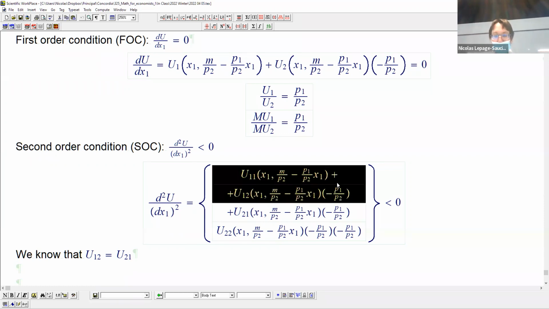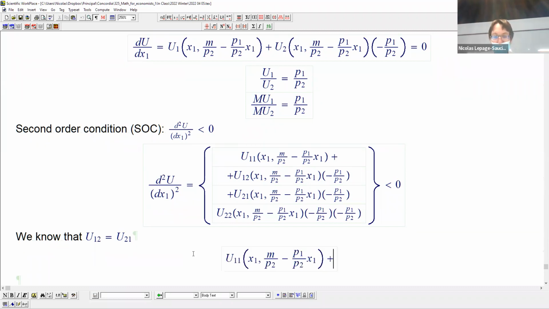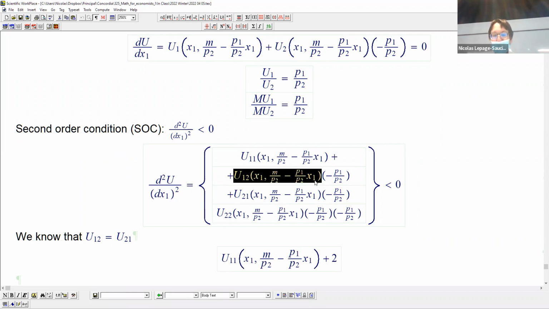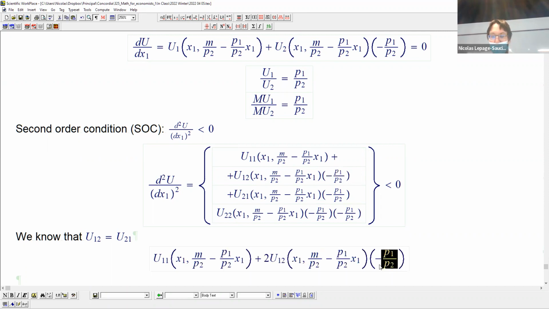So U1,1 plus 2. Let's just keep this first one, U1,2. Yeah, and I have a minus there, so I'm going to put this in front.